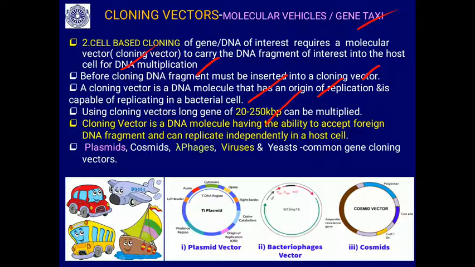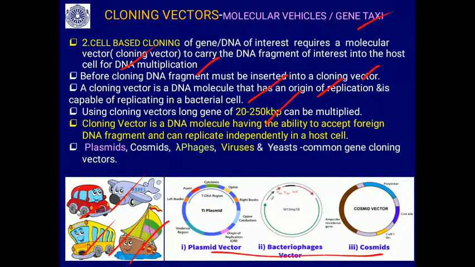You may ask why we need so many vectors. This is like the vehicles we use. We use a car for one purpose, a bus, then a boat or a plane for others. So depending on requirements, depending on the size of the gene, we use different types of cloning vectors or molecular vehicles.